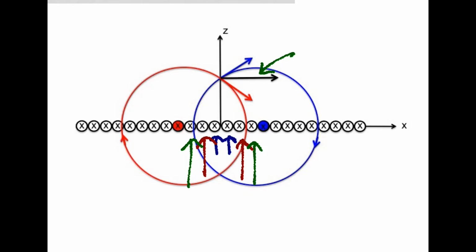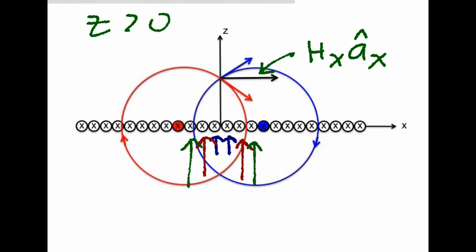So the magnetic field intensity at that point will have some amplitude in the A sub x direction, and this will be true at any point in space for z greater than 0, because this sheet is infinite in extent.